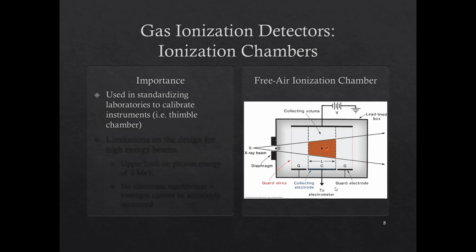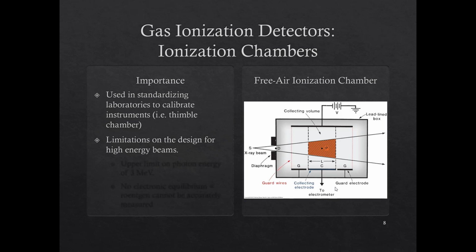This is actually what's used for standardizing laboratories to calibrate instruments. So if you're sending off chambers, this is going to be the type of ion chamber that you're going to put these secondary chambers that I would send out and give a calibration factor for.